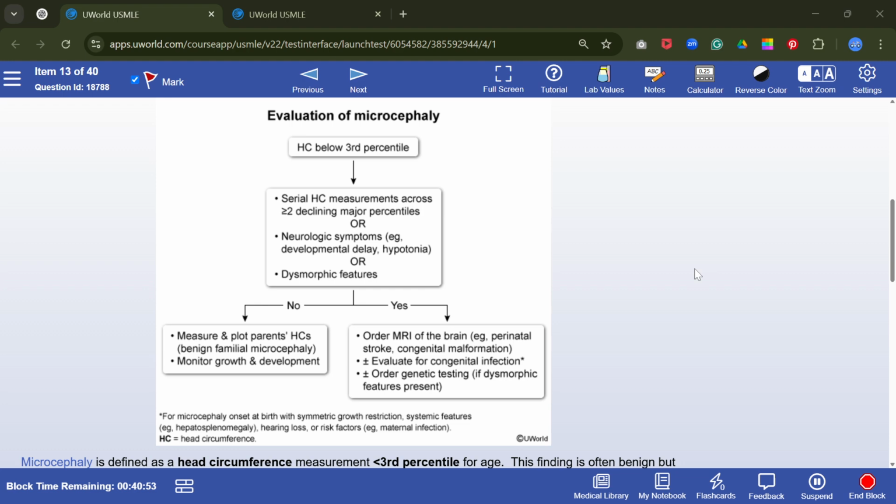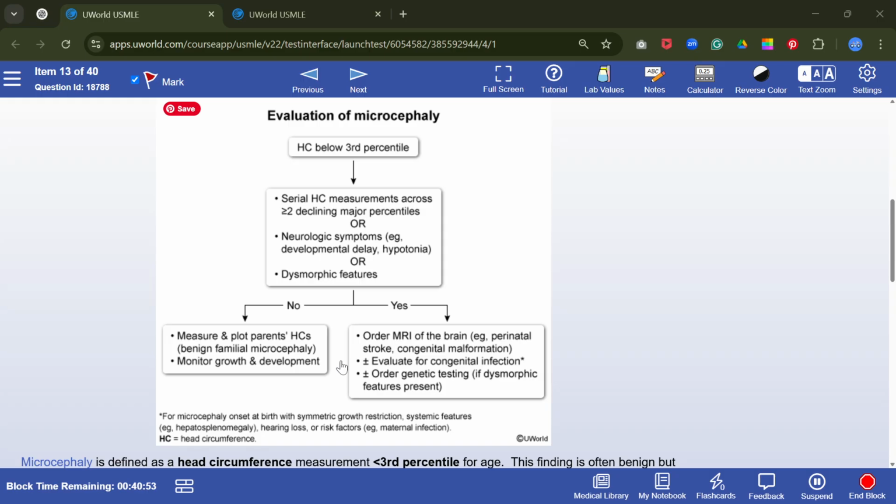Dysmorphic features or neurologic symptoms, that is developmental delay or hypotonia, or serial head circumference measurements across two or more declining major percentiles. If no, then measure and plot the head circumference of the parents. That is benign familial microcephaly, and we monitor growth and development.